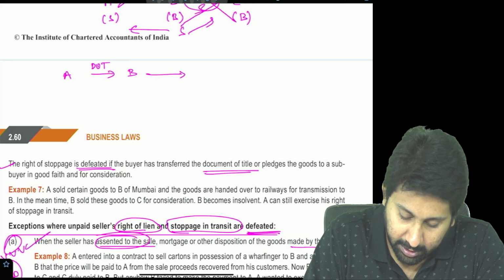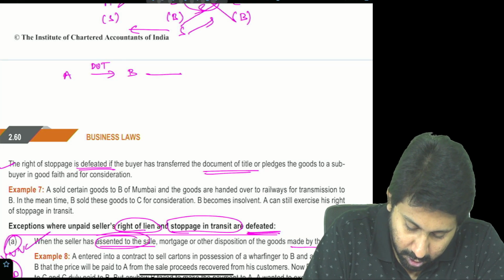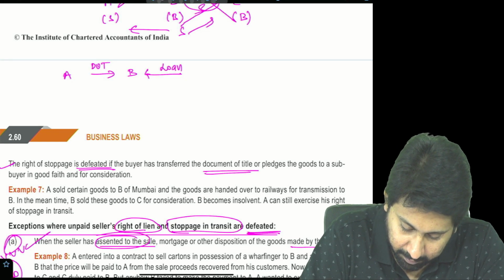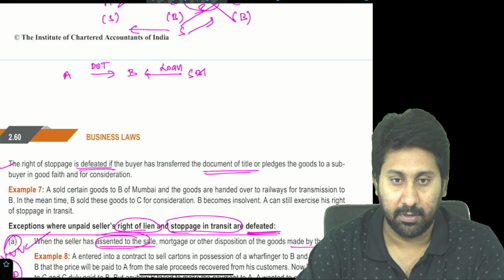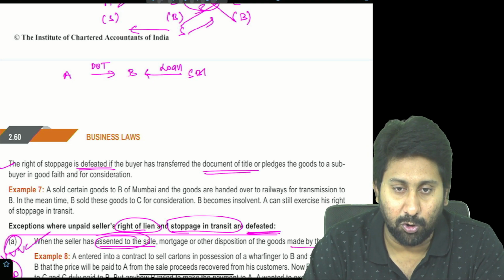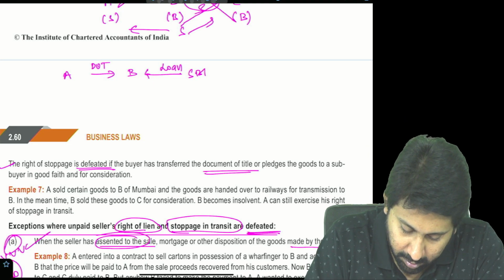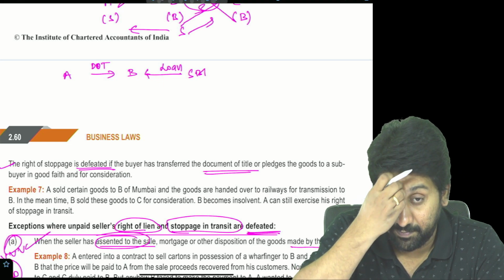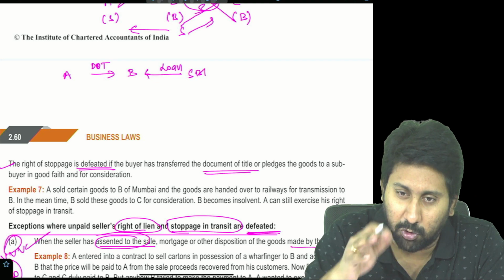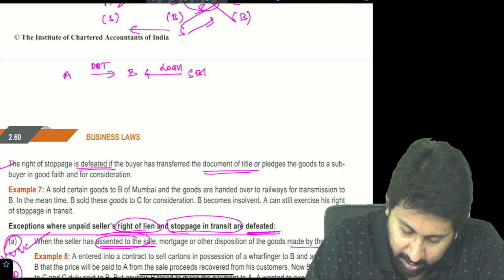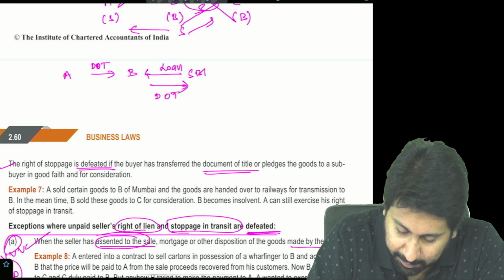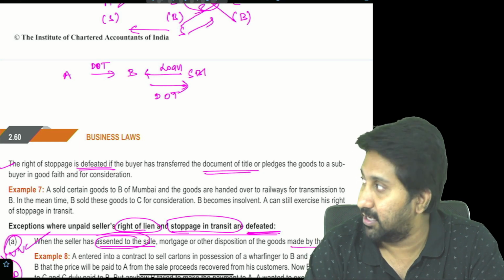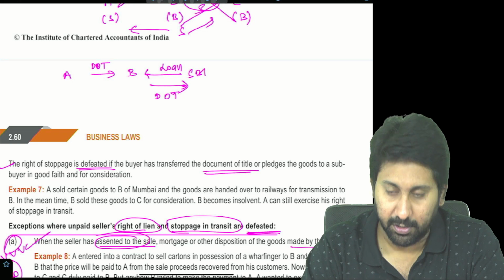B took a loan from SBI, some amount of loan. For this loan, the document of title is kept as a security.